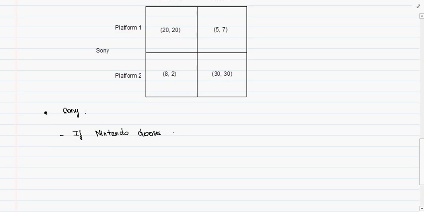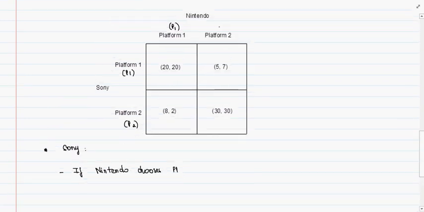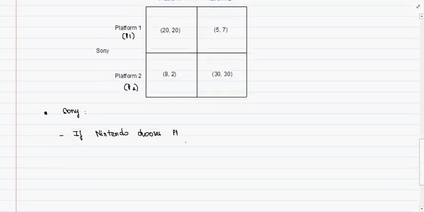Instead of writing platform 1, I just use P1, and P2, to save me writing over and over again. So if Nintendo is choosing platform 1, what is the optimal strategy for Sony?